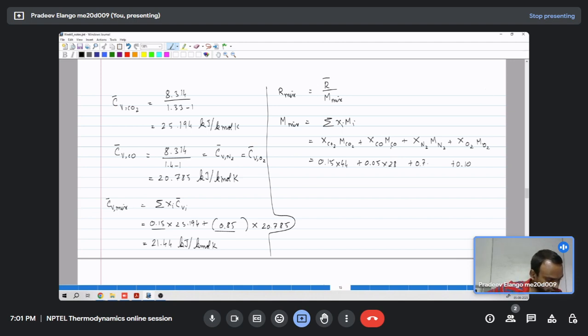For nitrogen it is again 28, and for oxygen it is 32. This is 30.8.